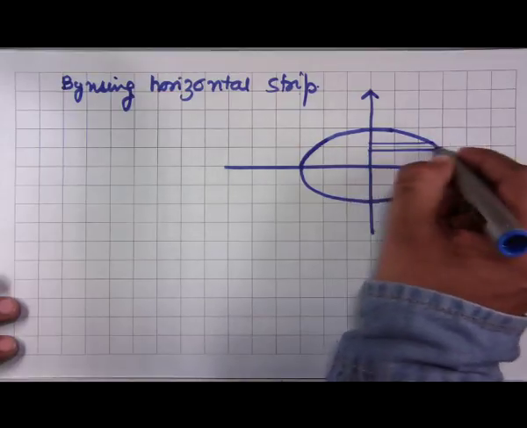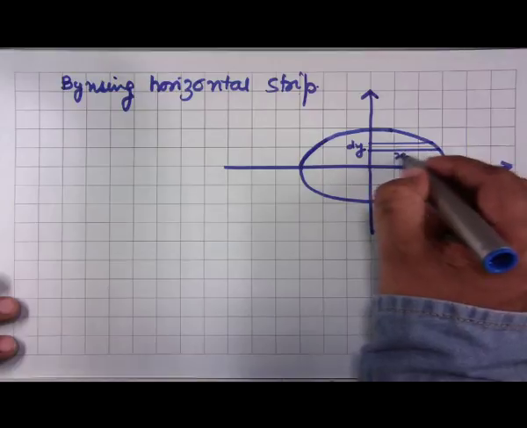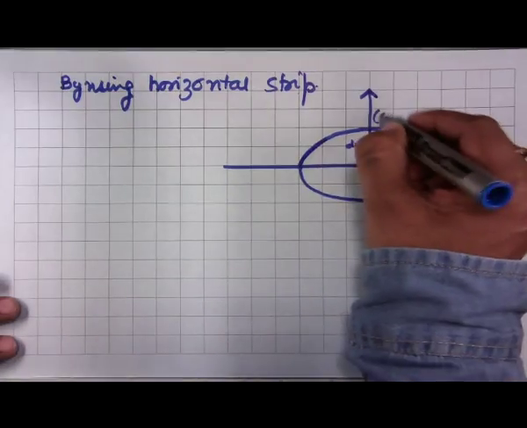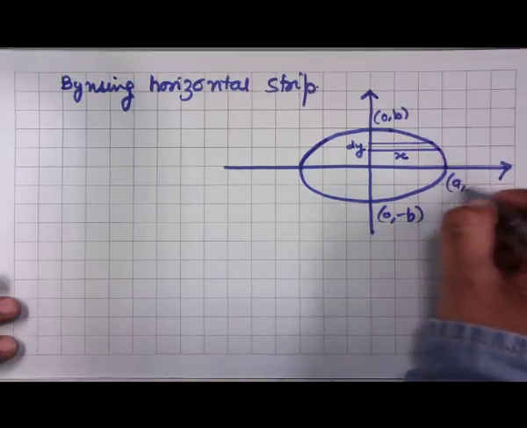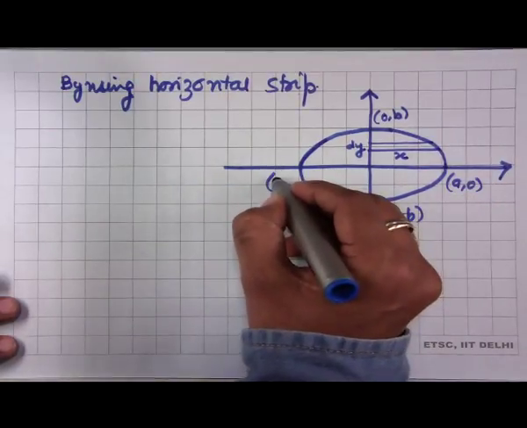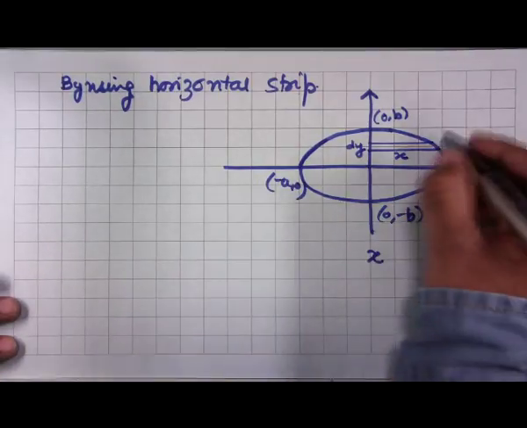This time we will be taking horizontal strip whose width is dy and length is x. This point is 0 b, this point is 0 minus b, this is a comma 0, this is minus a comma 0. Equation of the ellipse, now you have to solve for x.